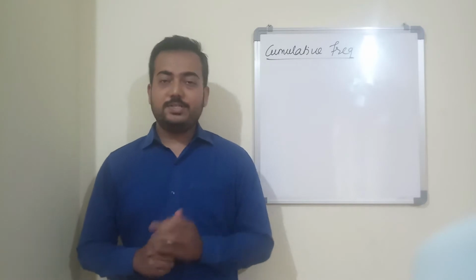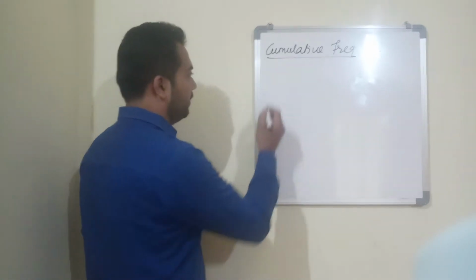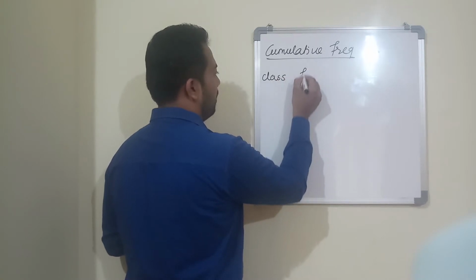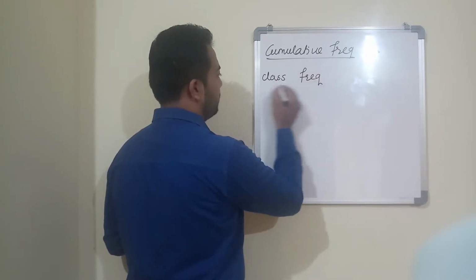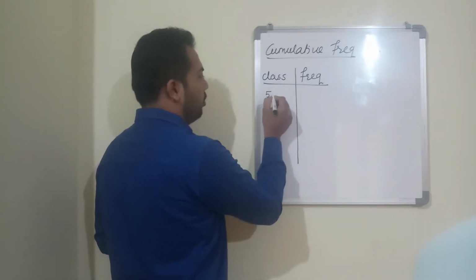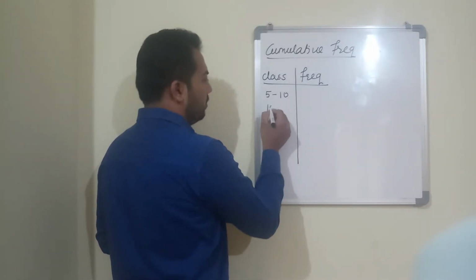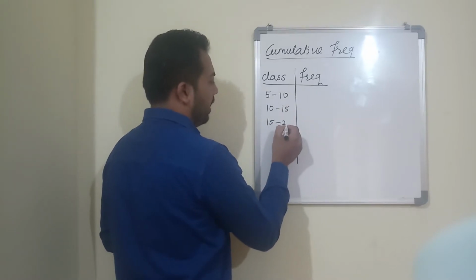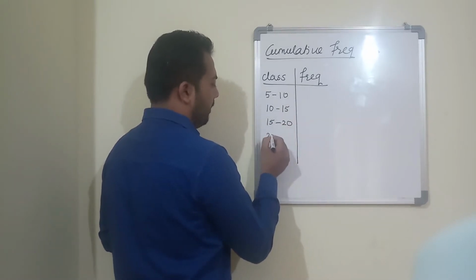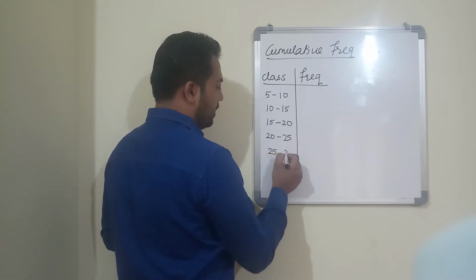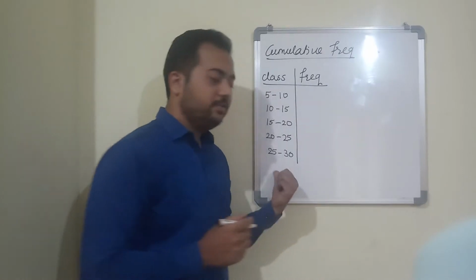So let me first take an example. Here I have class intervals along with their frequency distribution given. Classes always have a convenient width. Here I am going to have a total of 5 classes, and the last class is 25 to 30.